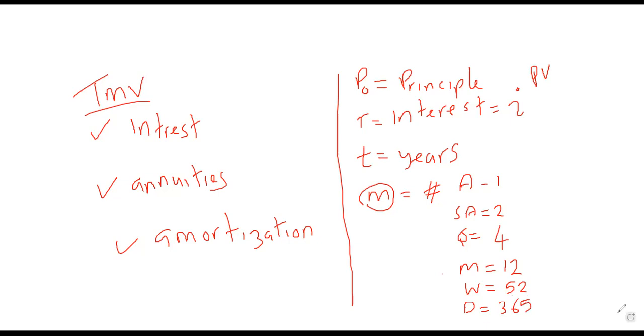So compound interest is simply the difference between the future value and the present value, where simple interest is simply a percentage multiplied, principal multiplied by the rate multiplied by the time.